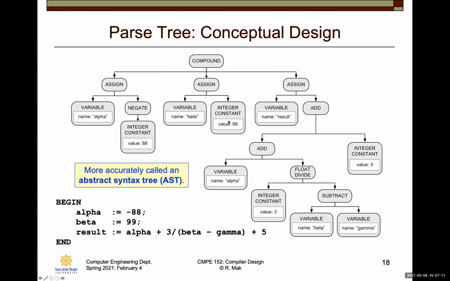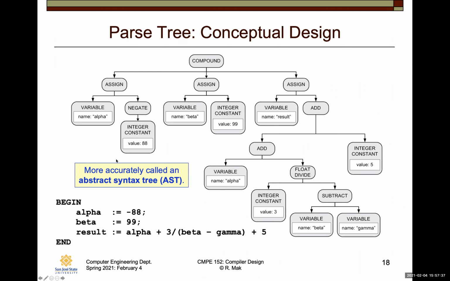And then now let's look at the first one. Here's alpha gets the value minus 88. Well, the first child is alpha. Now the second child is a negate node here, and then the constant 88. So when the parser has figured out that this is an assignment statement, it will build this little tree here.